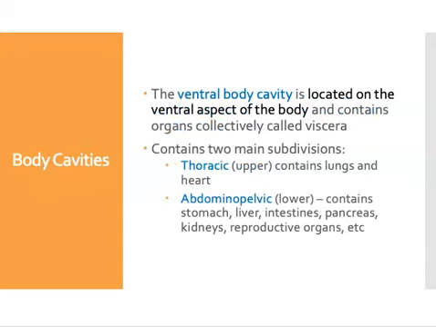Opposite to the dorsal body cavity is the ventral body cavity, located on the ventral portion of the body. There are two primary divisions in the ventral body cavity, what's called the thoracic cavity and the abdominopelvic cavity.